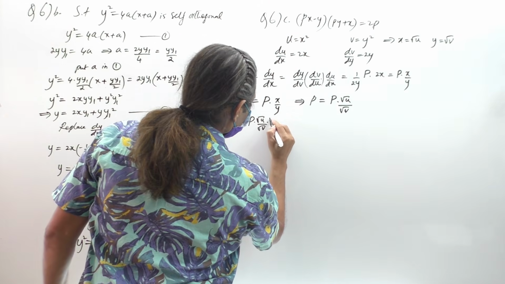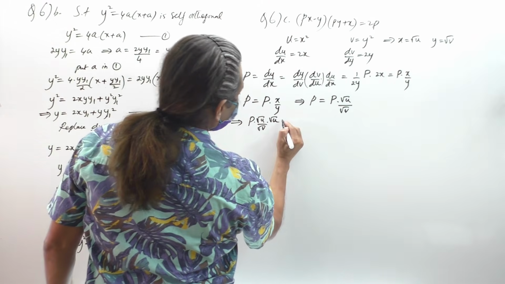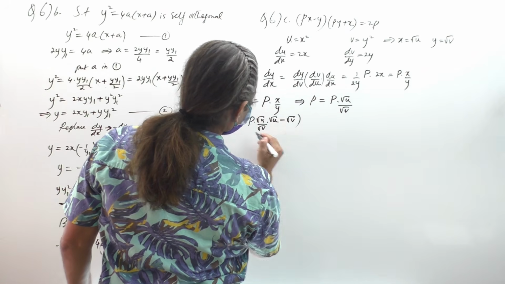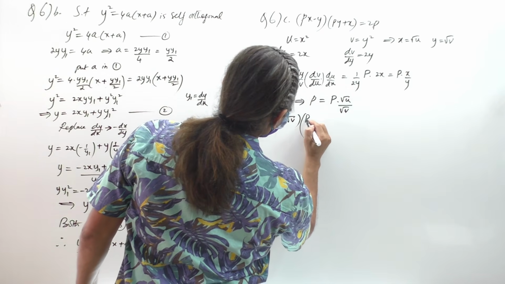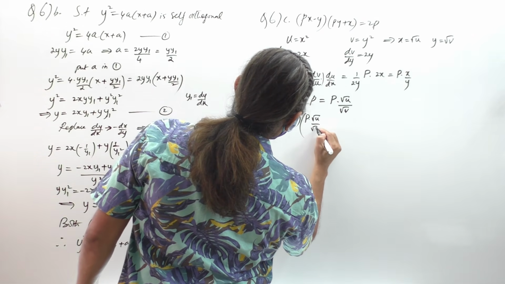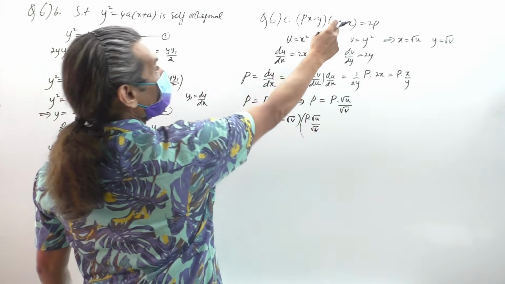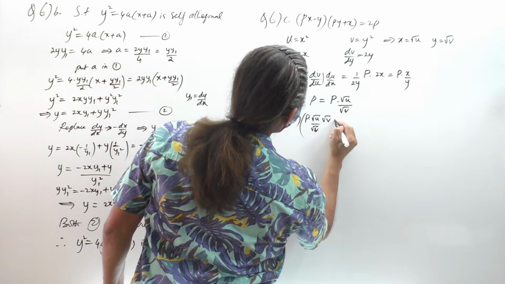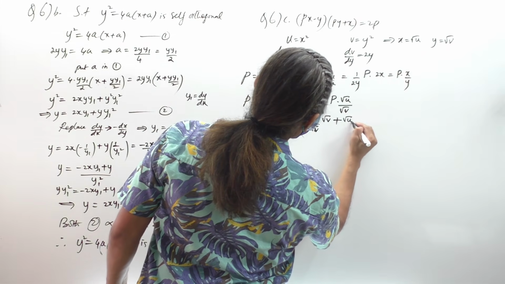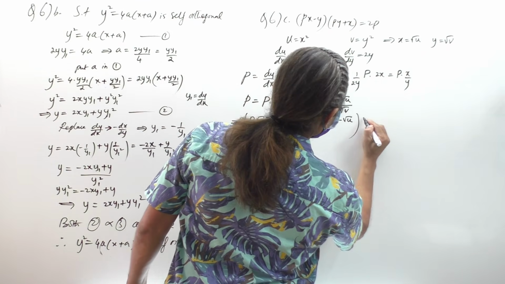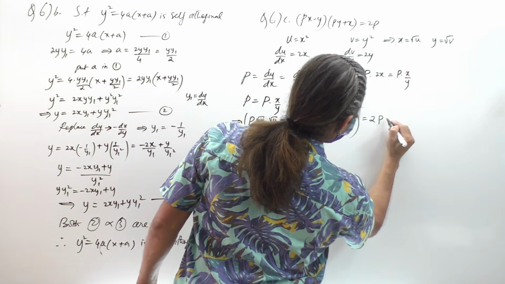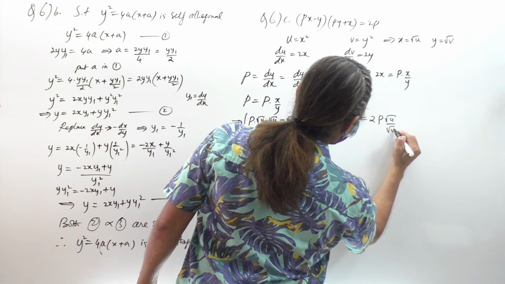x is root u minus y is root v into bracket again. Capital P root u by root v into y is root v plus root u, because x is root u, equals 2 into p into root u by root v.